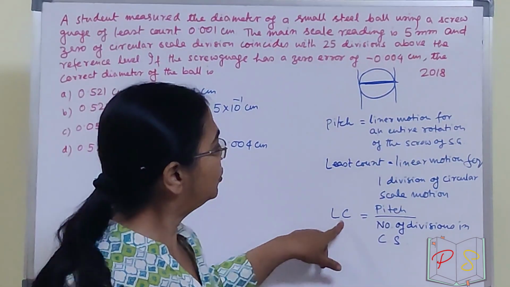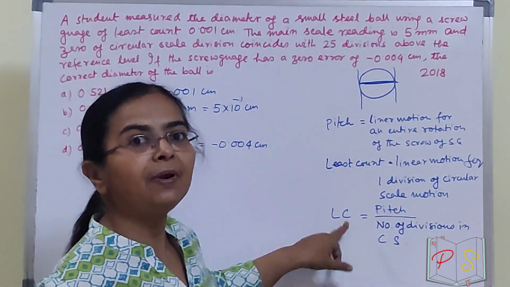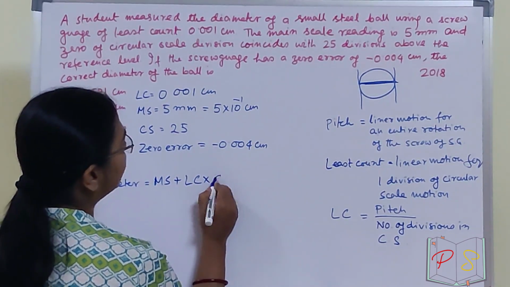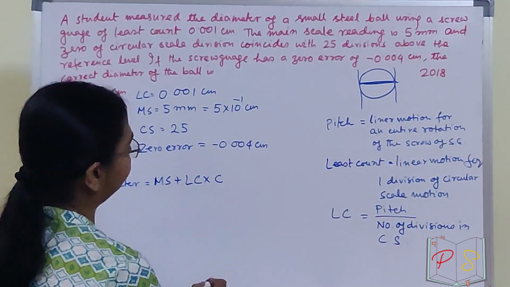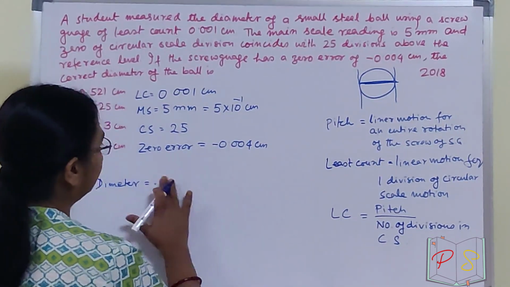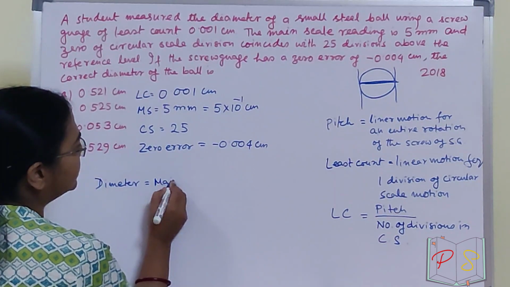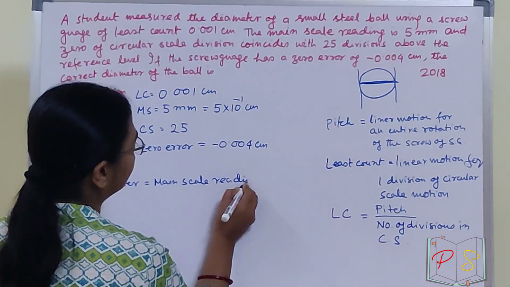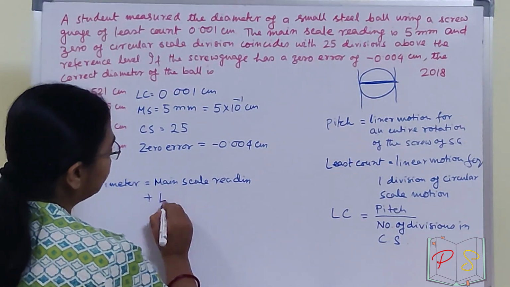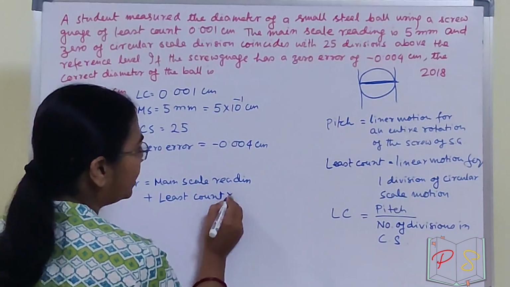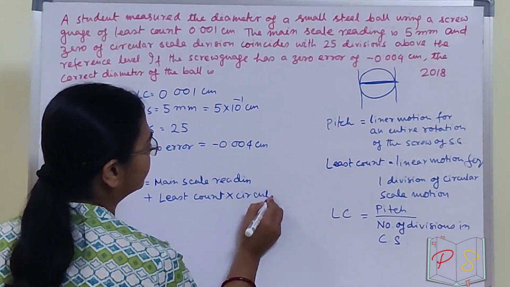Circular scale reading should always be multiplied with least count. Should I write it in a better way? This is main scale reading plus least count into circular scale reading.